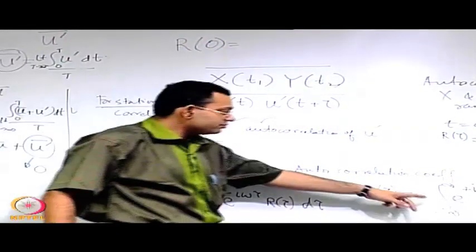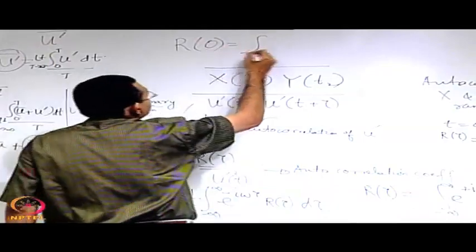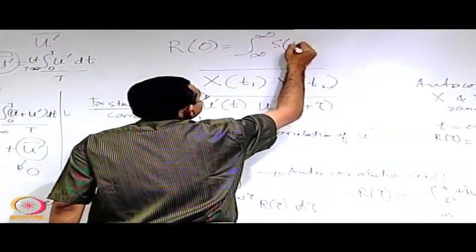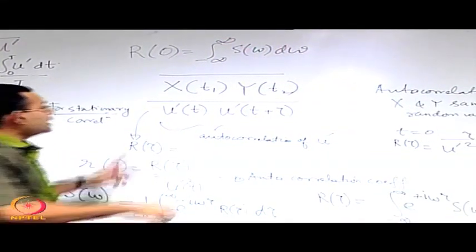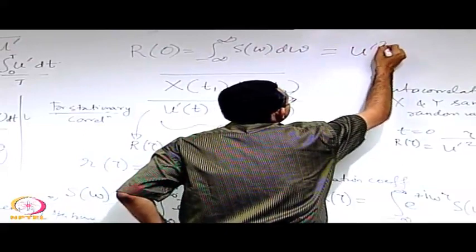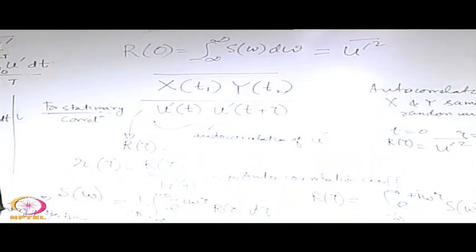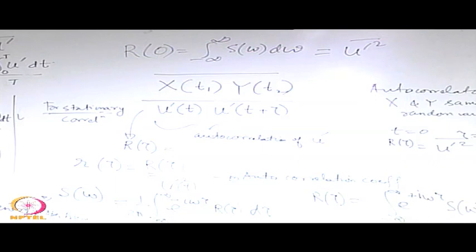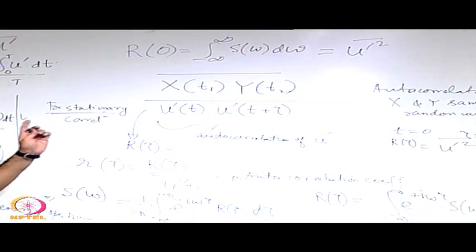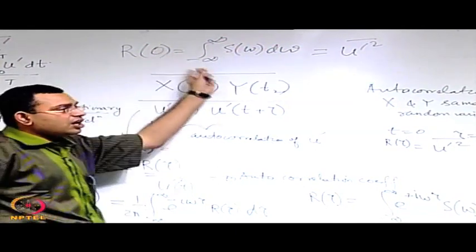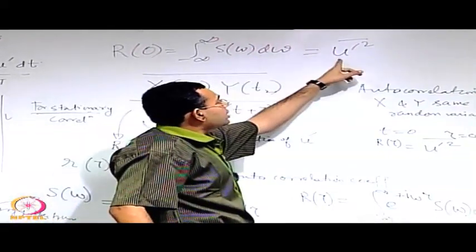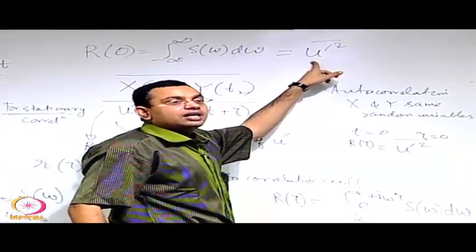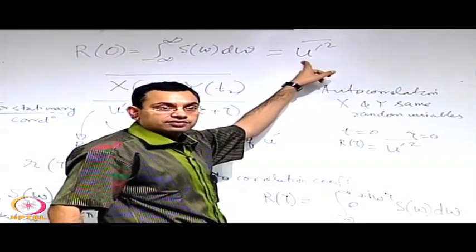So what is R0? Minus infinity to infinity S omega d omega, right, and that from the definition of R is this one. Therefore what we may conclude is that whatever we consider as the energy spectrum, the integral of the energy spectrum over all possible frequencies is an indicator of the RMS of the velocity fluctuations.